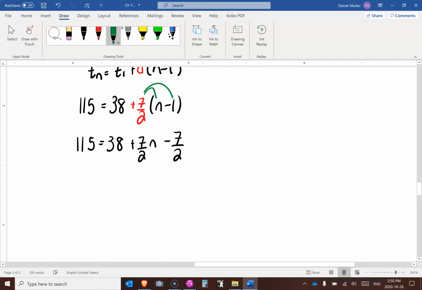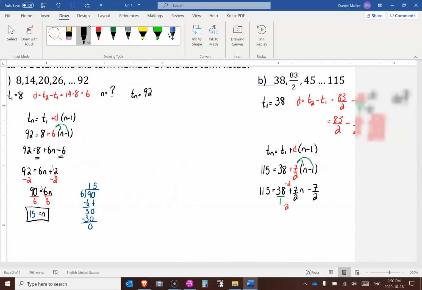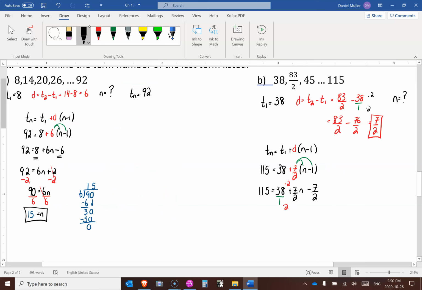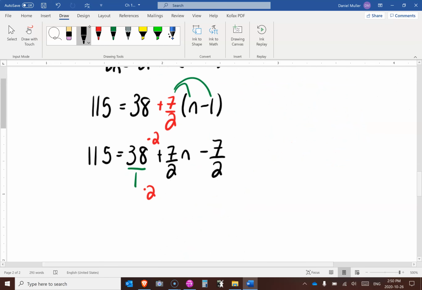I can combine my like terms. So this will be over 1, so I can times this by 2 and times that by 2. So 38. I feel like I did this number before. Oh yeah, that's right, over here, 38, which is going to be 76 over 2.